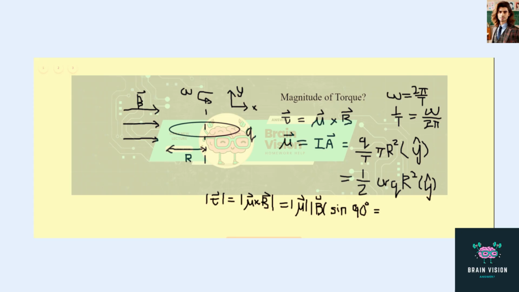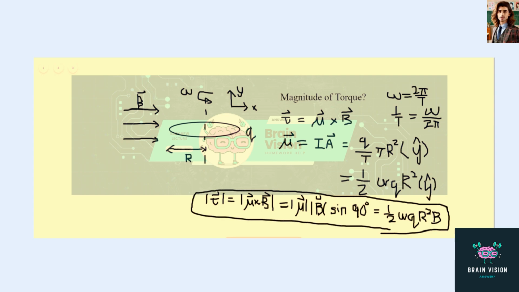Okay, so sine 90 is 1, so you just put one half omega q r squared. This is the magnitude of mu. And then with the B, and you are done. So this is the answer, the magnitude of the torque.